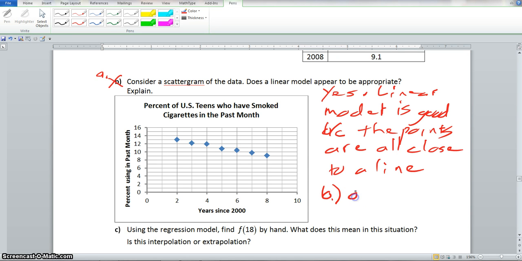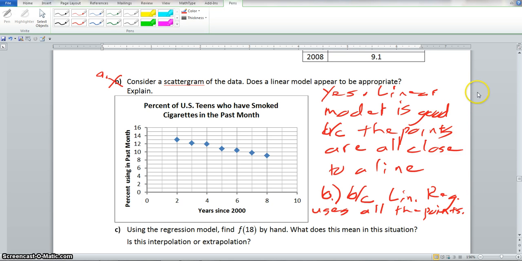It's because linear regression uses all the points. So the answer for your B would be because linear regression uses all the points.